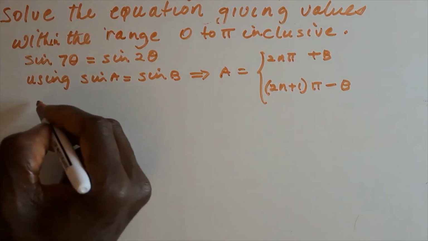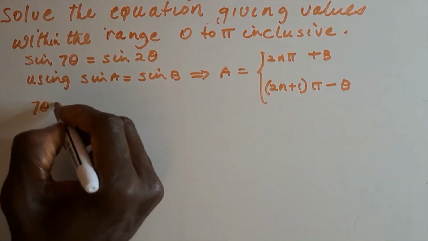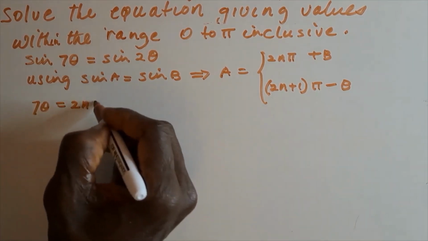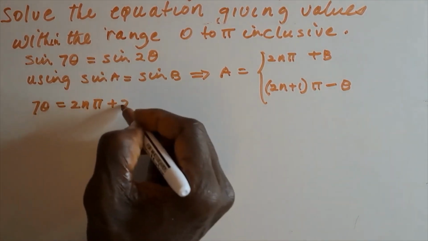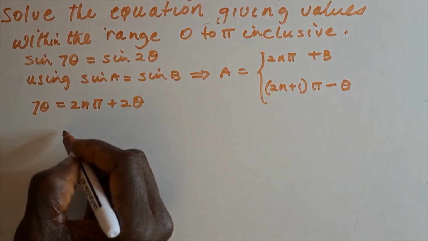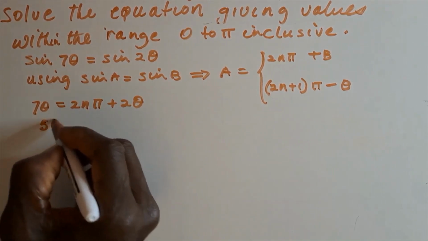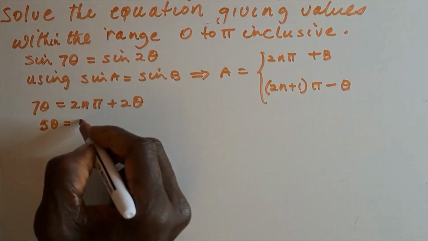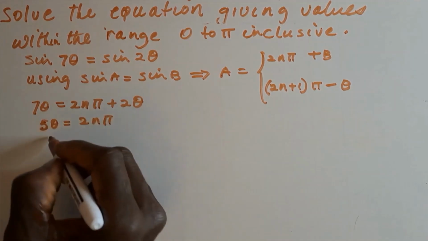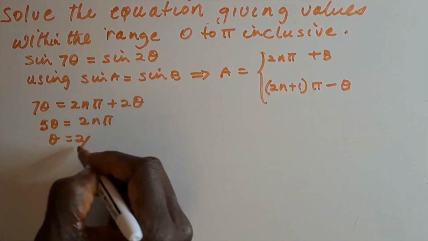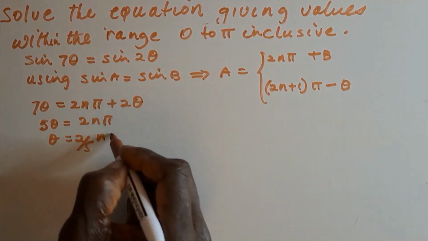So we have that 7 theta equals 2n pi add 2 theta, which gives us 5 theta is equal to 2n pi, so theta is 2/5 n pi.